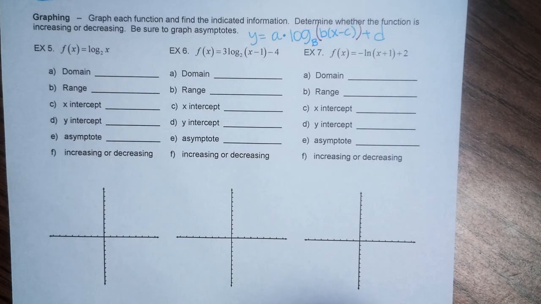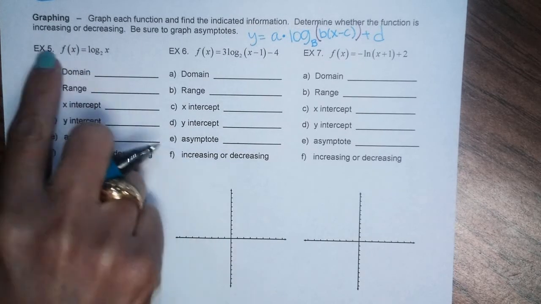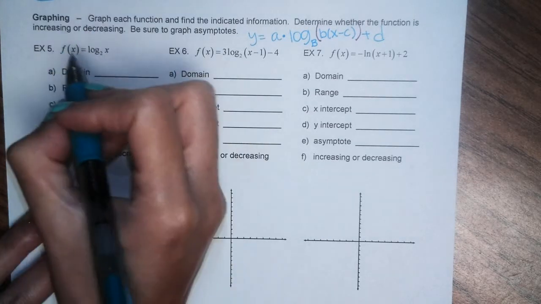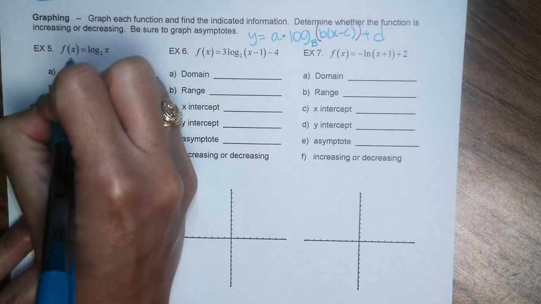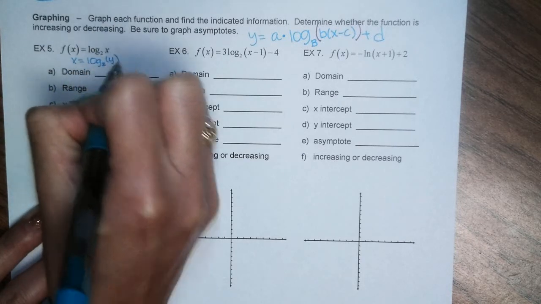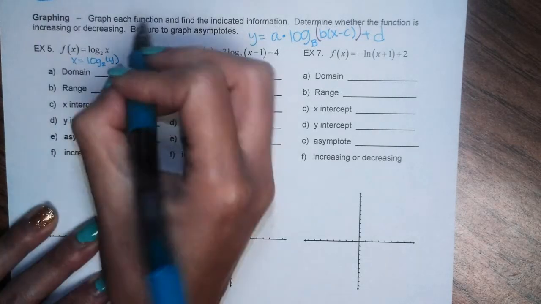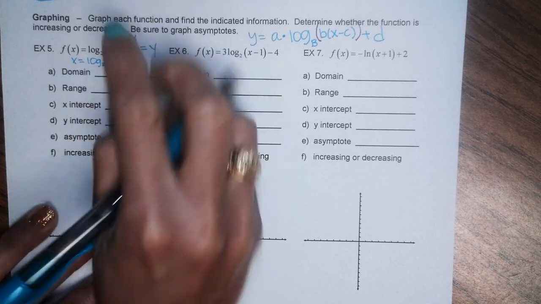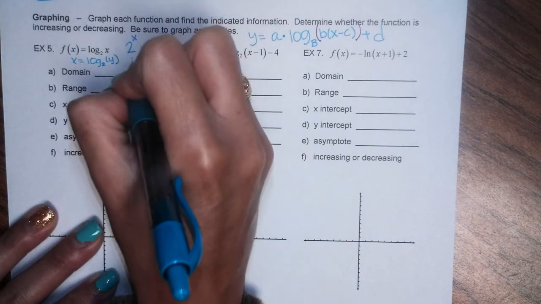I make a table for the inverse, and then I switch the x and y points. So for example 5, if this is my function, then I can find the inverse by doing x equals log base 2 of y, and then 2 to the x power equals y. So this is the inverse.